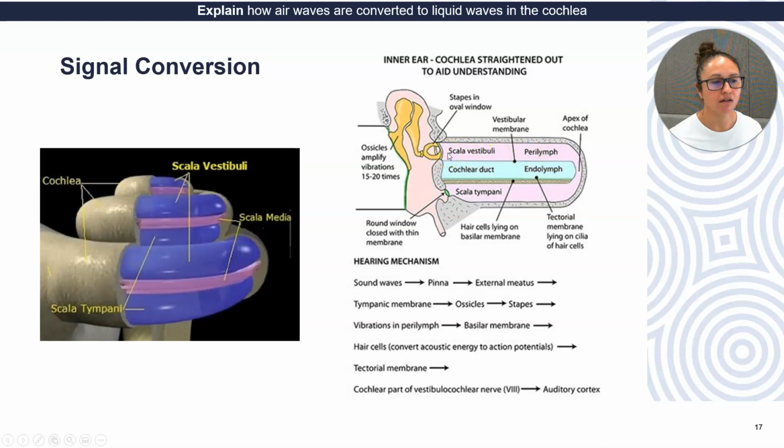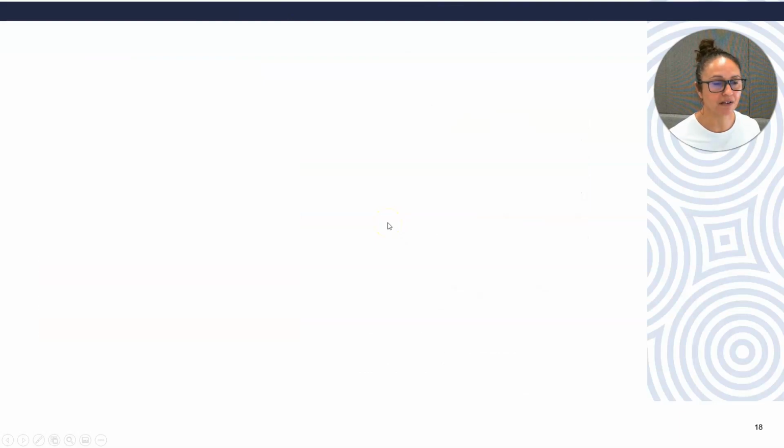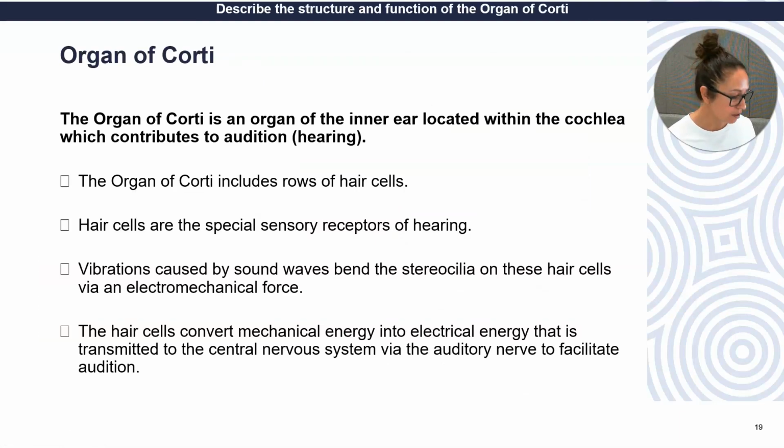And remember, it's like a water slide. Fluid goes up, fluid comes back down, goes up and then back down. And as a consequence of that fluid wave, we have things that move. And that's how we hear. That's where we ended up last time.